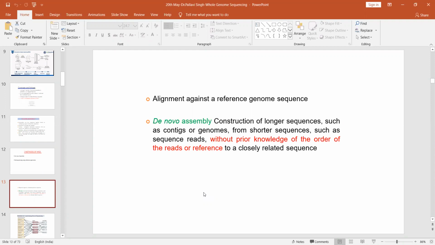Like the Human Genome Project, you must be very well aware that in 1988 the Human Genome Project was started, and in 2001 the entire human genome, 3.1 billion base pairs, was found out. This was a project carried out on the basis of de novo assembly. They started with Sanger's method, but gradually they proceeded to whole genome sequencing. Then a group known as Celera Genomics.